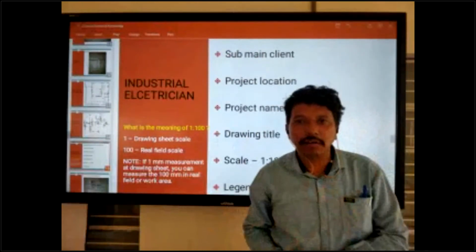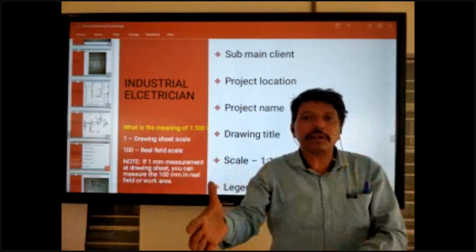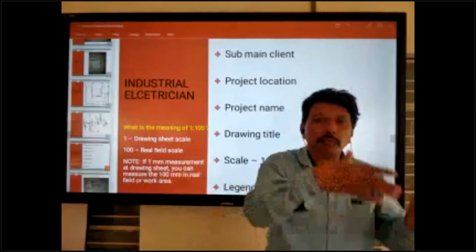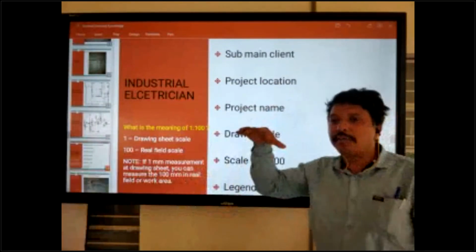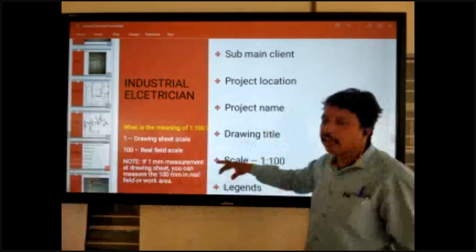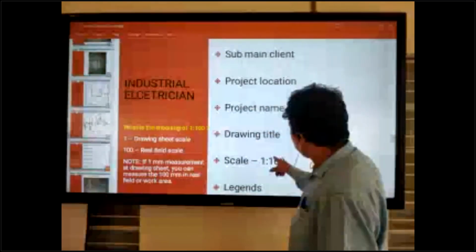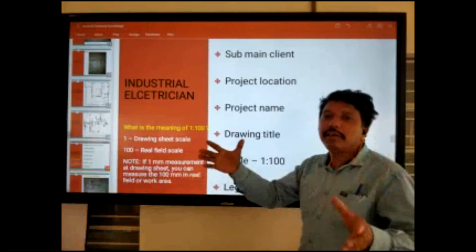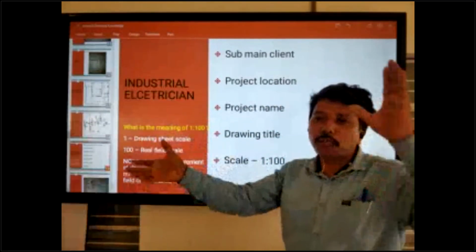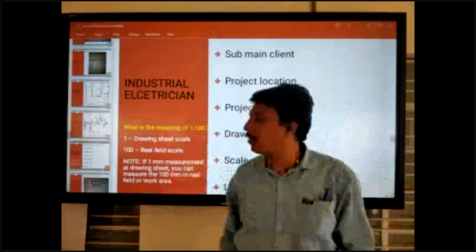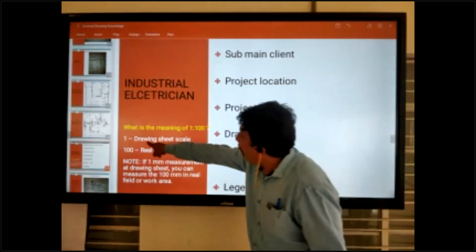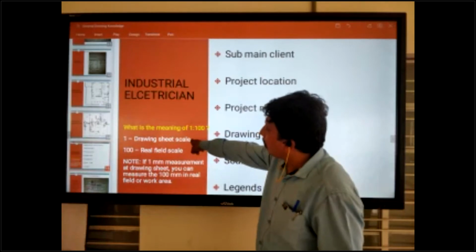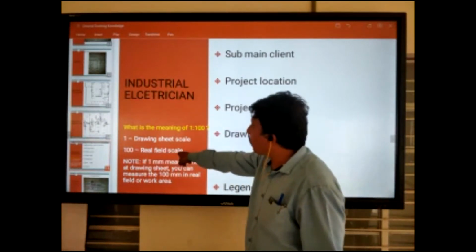How many rooms are inside? How many bathrooms? How many toilets? All are shown there. The drawing is always given in mm, so we can convert to meter or centimeter. So 1 means drawing sheet scale and 100 means real field scale.